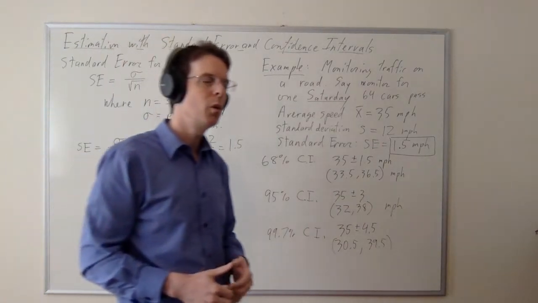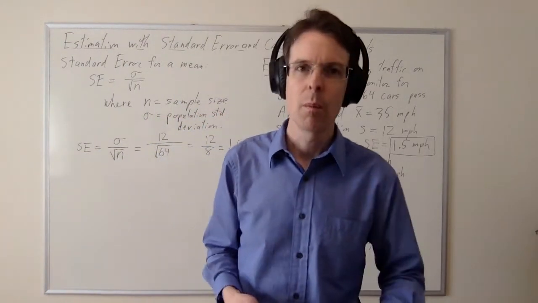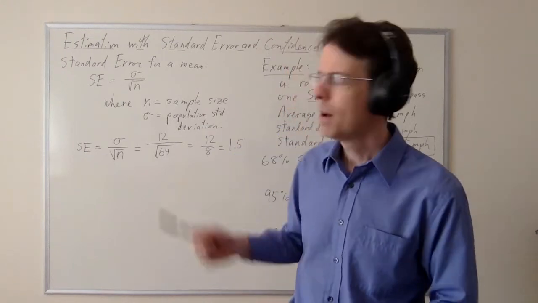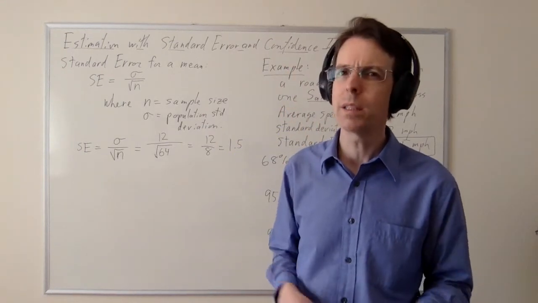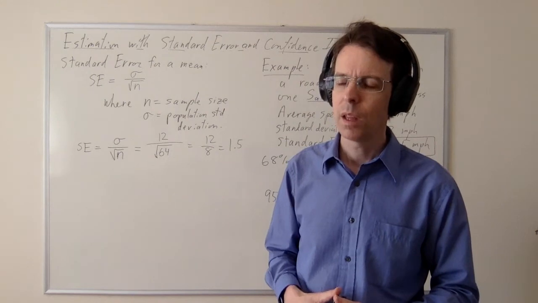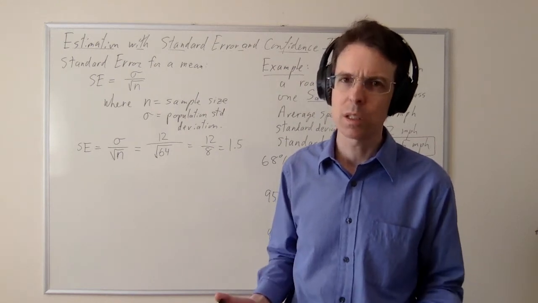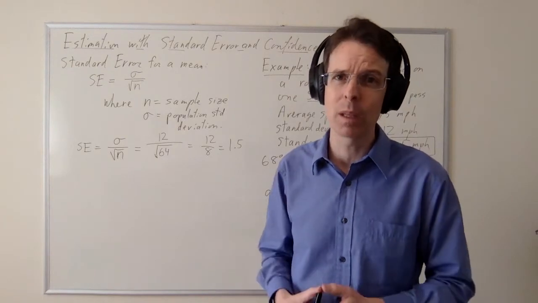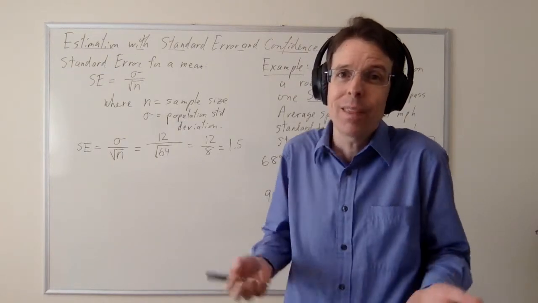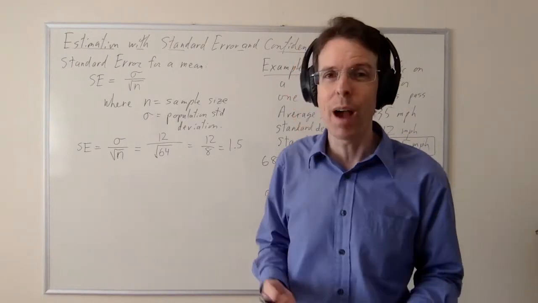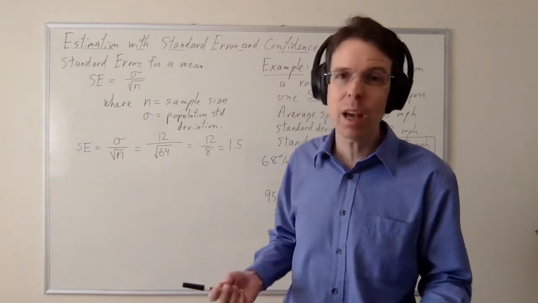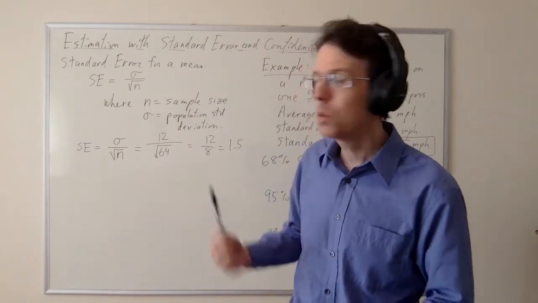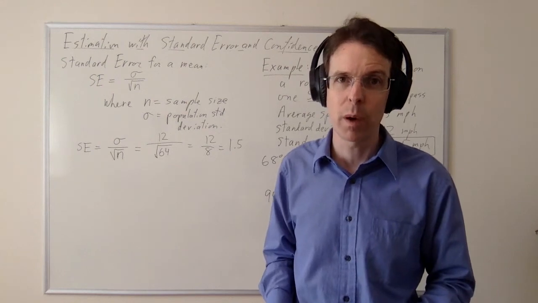Should we do better? Well, yeah, in principle, we should do better. But notice that sigma itself is the population-wide standard deviation. And if I'm not measuring any more than 64 cars, I can't possibly know the population-wide standard deviation. There's nothing I can do to get the value of sigma. So I just have to do the next best thing. I have to use S as an estimator for sigma as I do this.